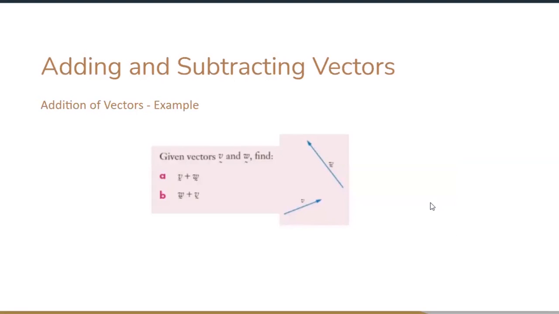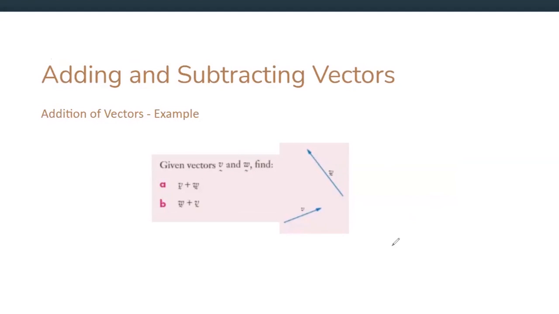If we're given vectors v and w, we want to find v plus w and w plus v. I'm going to do this roughly, but if we have v, then we're going to have v plus w. So we're going to start with the tail of v and go about here. And then we want to go tail to tip. So we take the tail of our next vector and add it to the tip of our first vector.